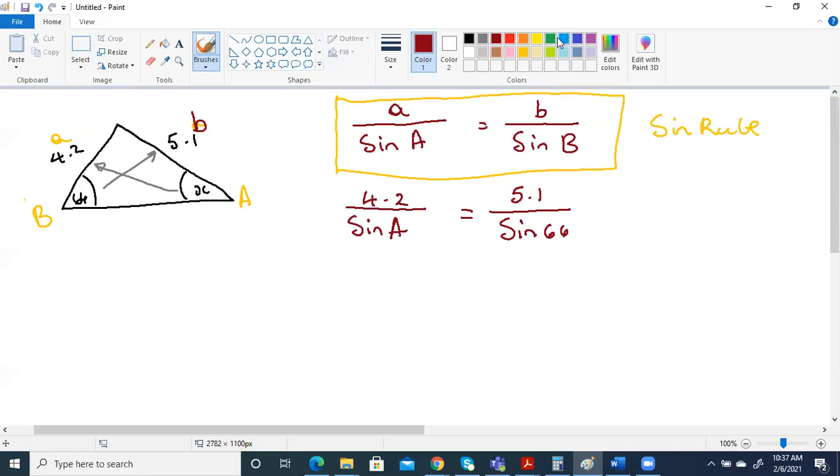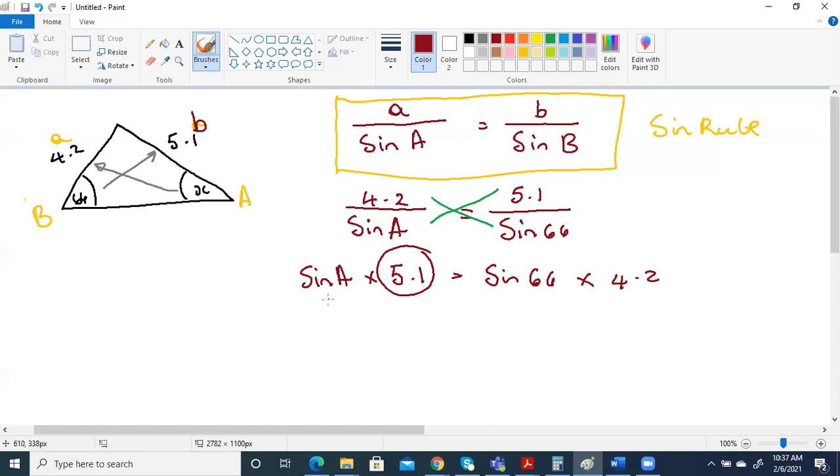We can go ahead and cross multiply, and we will have sine A multiplied by 5.1 equals sine 66 multiplied by 4.2. I'm going to carry over this 5.1, sorry, so I can have sine A by itself.